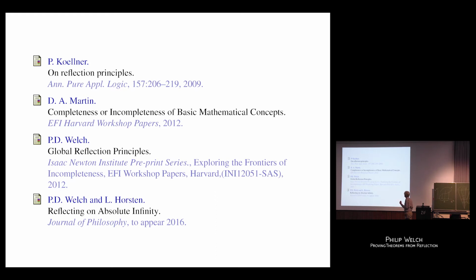I'm quite influenced by Martin's paper here from Exploring the Frontiers of Infinity, a Harvard workshop. And so I have a kind of mathematical response to Koellner here, giving these global reflection principles that I'll talk about. And there's a paper with my colleague in Bristol, Leon Horsten, which gives some discussion about the philosophical aspects here.